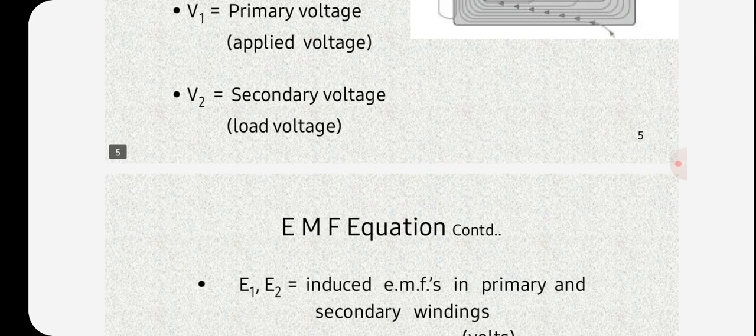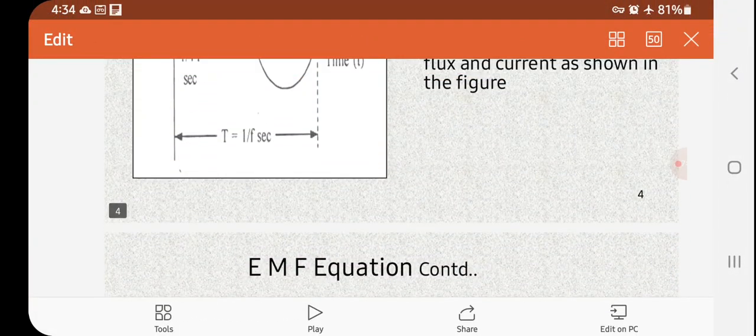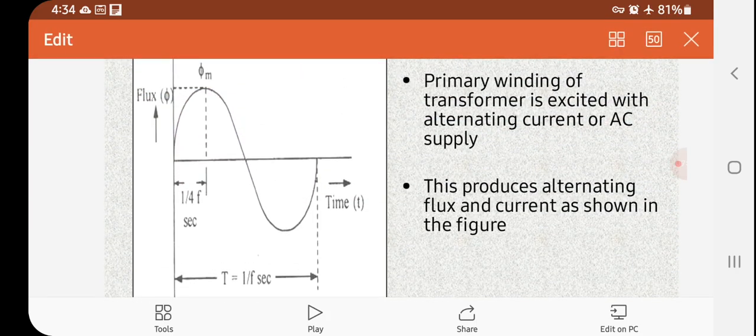Here, when an AC voltage is applied to the primary winding, an alternating flux is produced in the core whose waveform is shown on screen. So this is the waveform. When we give the supply voltage to the primary, an alternating flux is produced in the core.